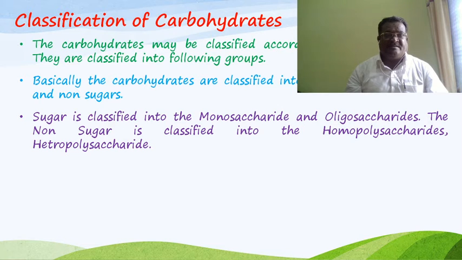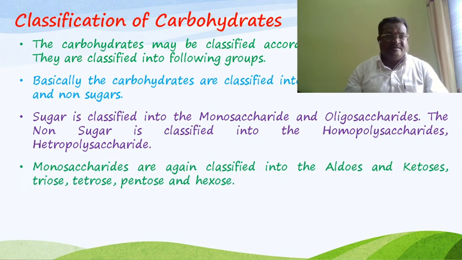The sugar is again classified into monosaccharides and oligosaccharides, and the non-sugar is classified into homopolysaccharides and heteropolysaccharides. Then monosaccharides are again classified into aldoses, ketoses, trioses, tetroses, pentoses and hexoses.